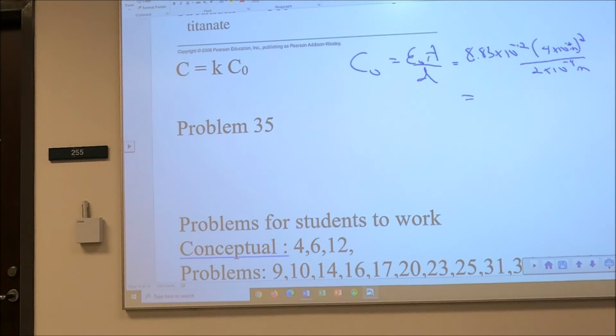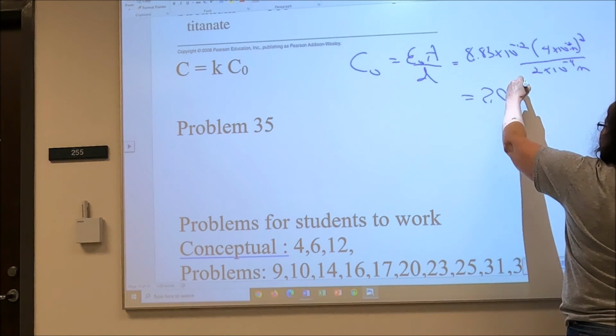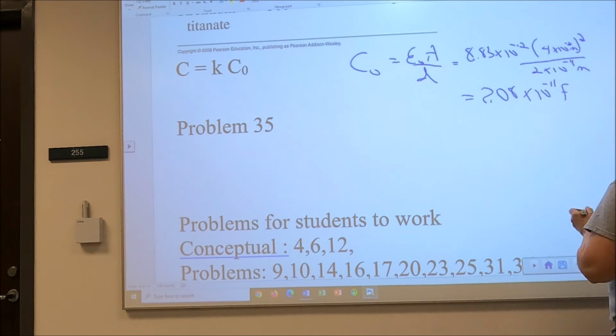If we calculate that, 8.85 times 10 to the minus 12 times 4 times 10 to the minus 2 squared divided by 2 times 10 to the minus 4 says the capacitance is 7.08 times 10 to the minus 11 farads. Don't be freaked out by a small number there. We'd expect a small number because most capacitors have small capacitances.